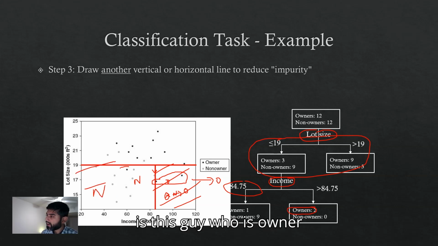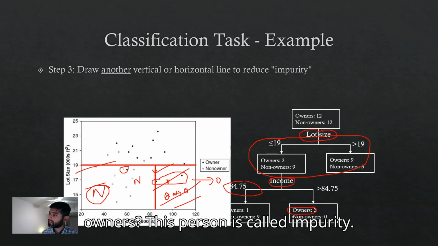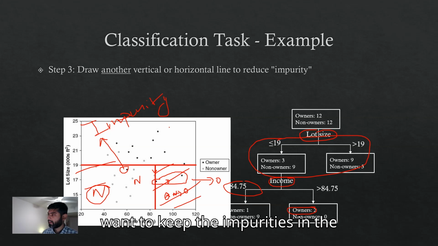But what is this guy who is an owner doing in the category of non-owners? This person is called an impurity. Are impurities always bad? Answer is no. We want to keep the impurities in the data.